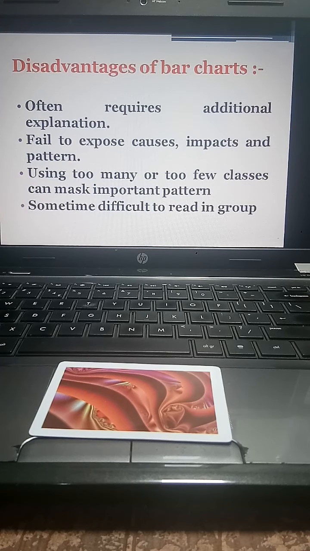Then using too many or too few classes can mask the important pattern. Like if you are taking only one class or two classes, it doesn't look nice to make a bar graph. And sometimes you are taking so many classes and it will hide the important information. Sometimes it is difficult to read in the groups.